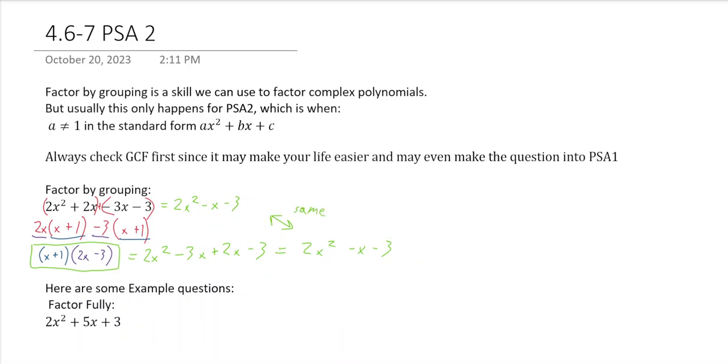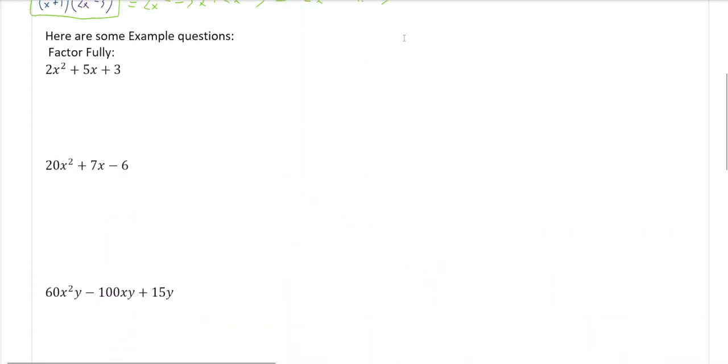So if you're ever unsure, just expand. All right, let's keep going down. We're going to do a couple example questions here. There's 3 different ones we're going to try. And then you will have some example questions that you're going to try afterwards.